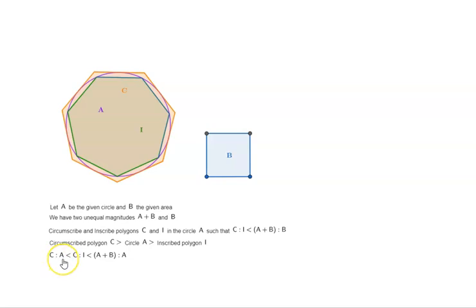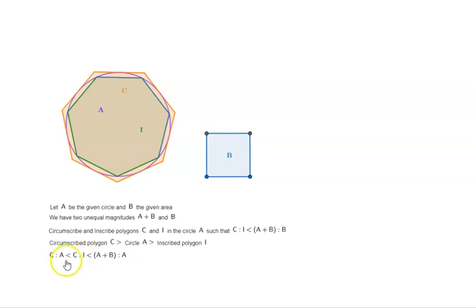C is to A and C is to I. If we look at only these two ratios, the numerator is the same in both cases. The denominators are different. Here the denominator is the area of the circle, and here the denominator is the area of the inscribed figure.